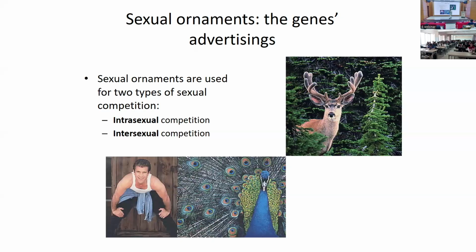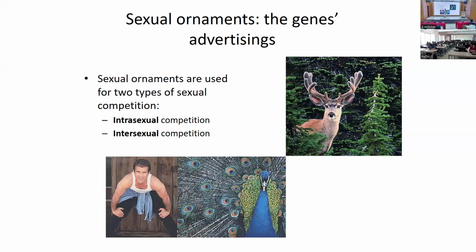So the long tail is not just beautiful. The long tail means I survived despite my long tail. This is a typical representation of what a sexual ornament means, what a handicap means. It's not just beautiful.